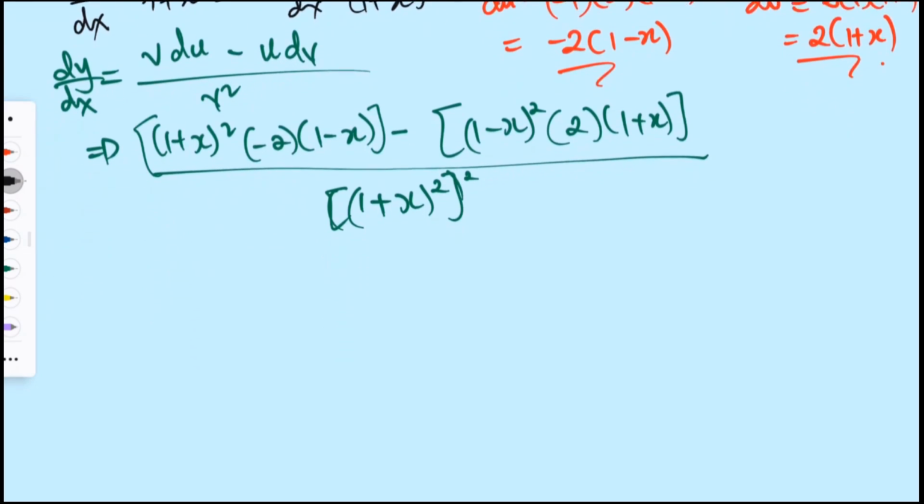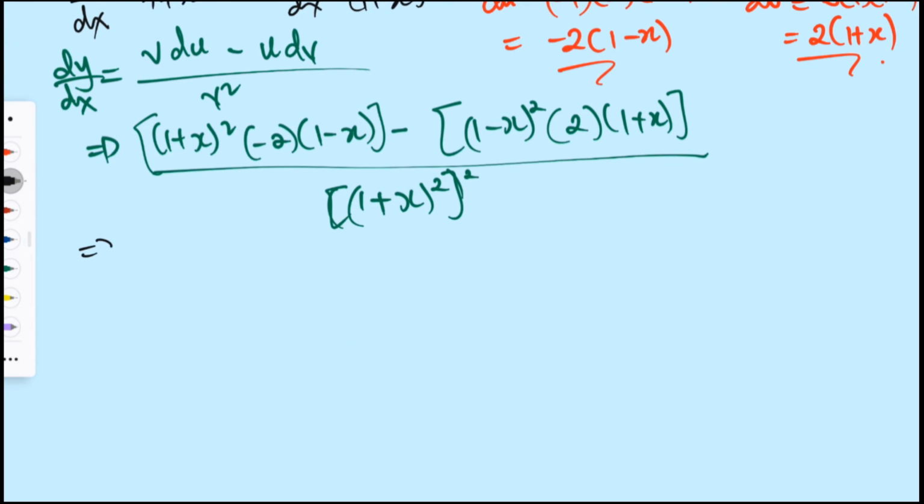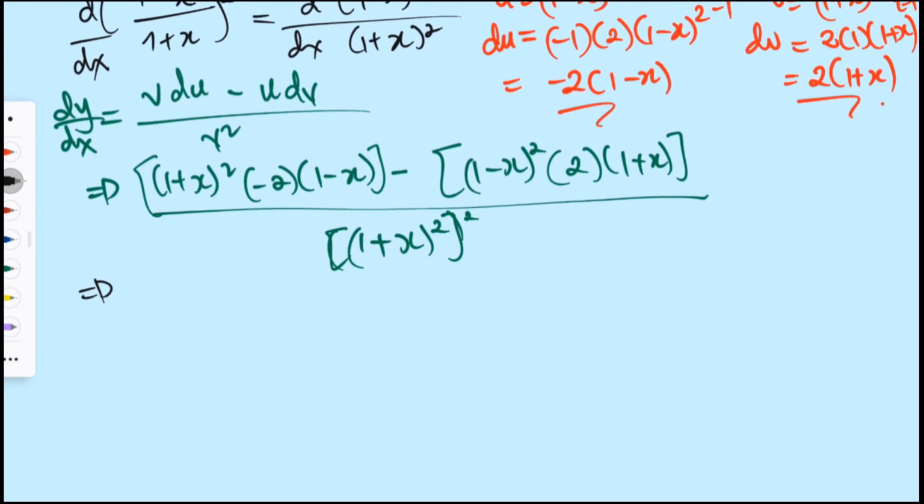Okay, let me use the black color. If we take a keen look here, we'll see that there are some parts that we can factor out. So in the numerator, what do we got? We have 1 plus x all squared, and then over here we have a 1 plus x. Here we have 1 minus x, and then here we have 2 of them.